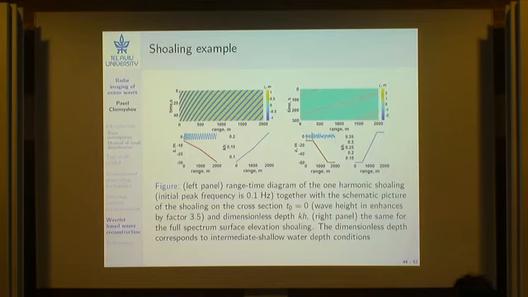We don't take into account the interharmonic interactions. Everything here is in accordance with the wave conservation law. So basically, the energy flux conserves. You just use the shoaling formula. But here, for one harmonic, it's clear how it behaves. For the spectrum, it's a little bit more complicated.